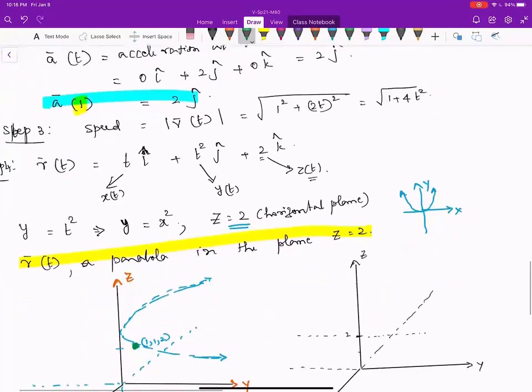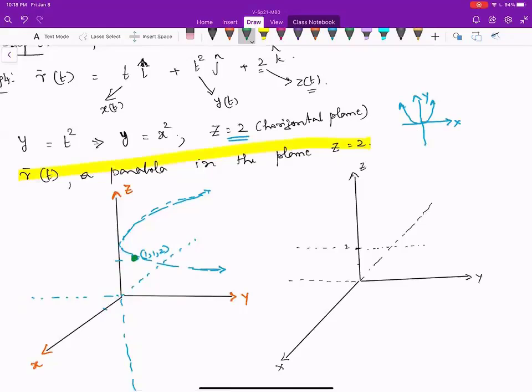If you go in the coordinate plane, it is 1 along the x-axis, and then along the y-axis you have to go 2. So this is the point 1, comma 2. Then the position vector is this vector from the origin.